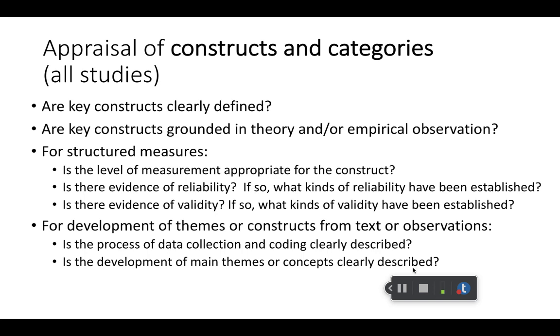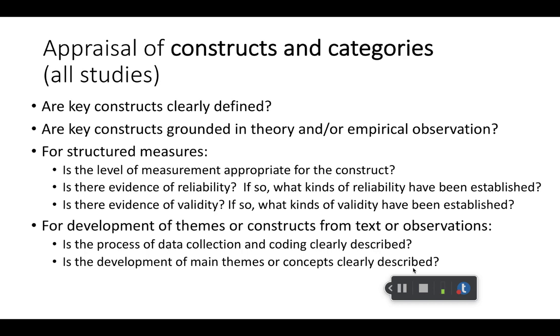Is the level of measurement appropriate for the construct, which we talked about in week 3? Is there evidence of reliability of the measure? And if so, what kinds of reliability have been established? Is there evidence of validity of the measure? And if so, what kinds of validity have been established? Again, those questions go back to our material from week 3.